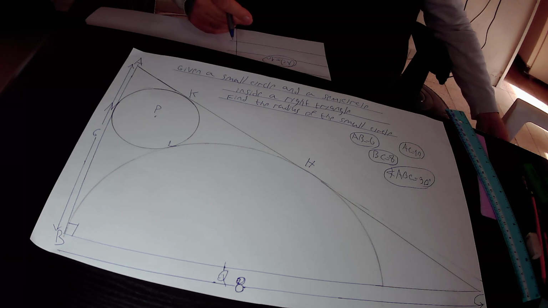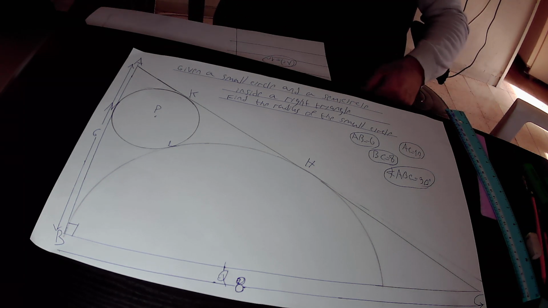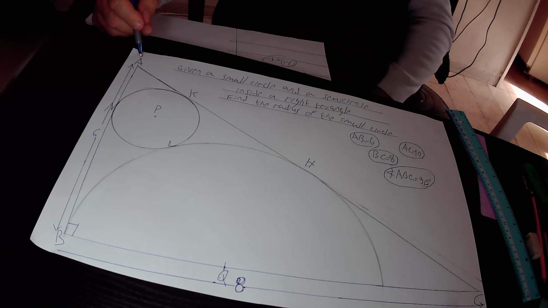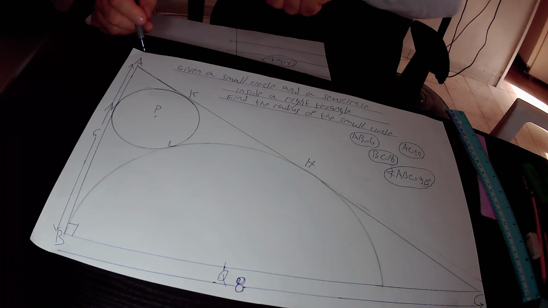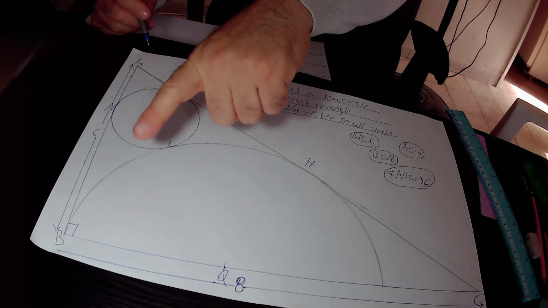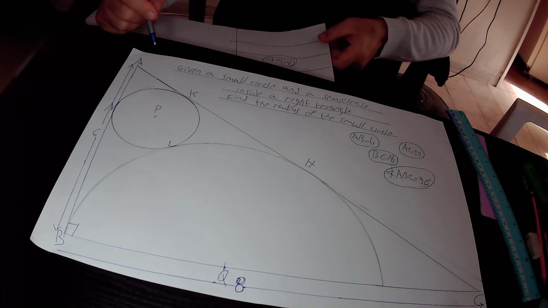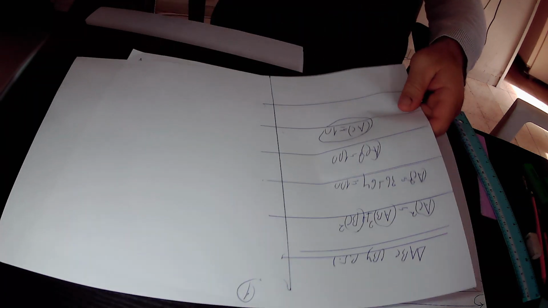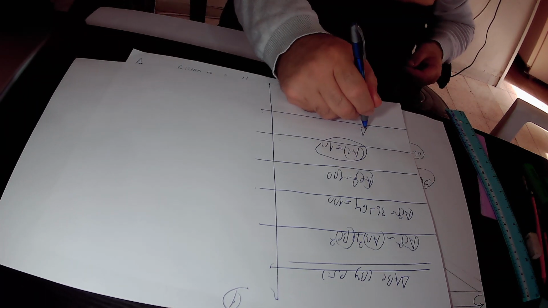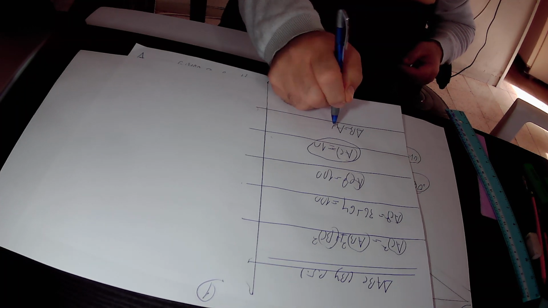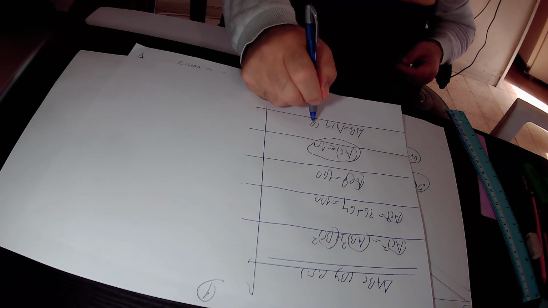Well, in our drawing, if we focus on this common start point, point A, from this common start point, point A, we have two tangents to this big semicircle, tangent AB and tangent AH, and according to rule 2, they are equal to each other. That is to say, AB equals AH according to rule 2.